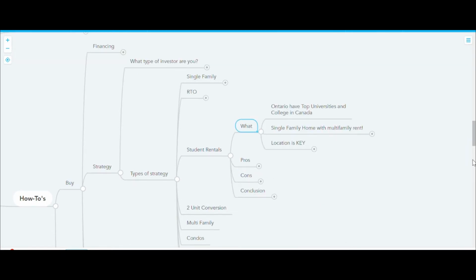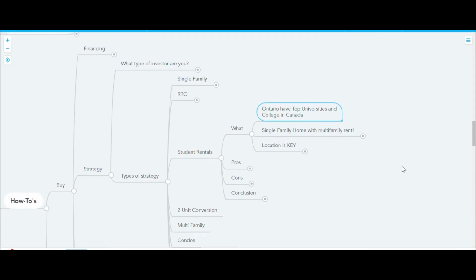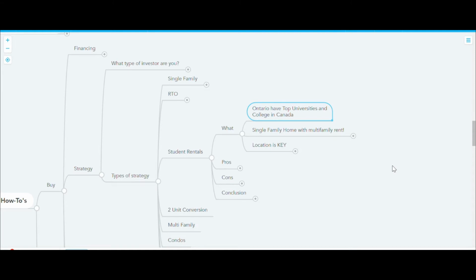Okay, so student rentals in Canada, we are blessed, especially here in Ontario. We have the top universities and colleges in the entire country. So for that reason, student rentals could be a very attractive investment if you're looking to get into that niche.